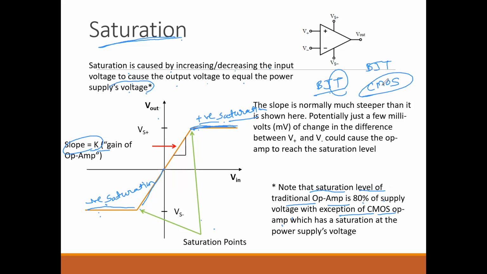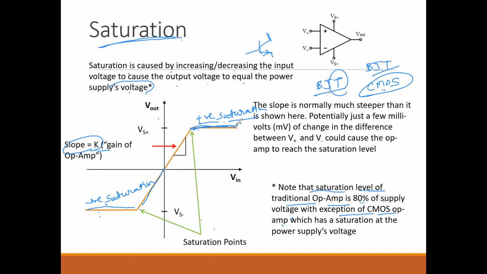In TY you will come to know more about this CMOS. Right now, all general purpose transistors are called BJT, bipolar junction transistor. So we are using BJT in construction of op-amps. So 80% of the supply voltage we will get as the saturation value.